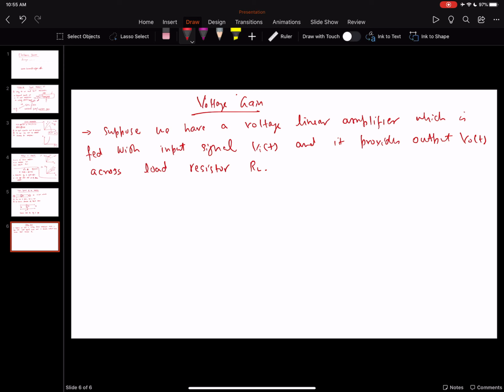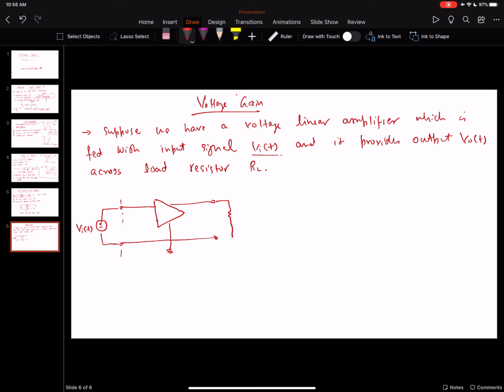Essentially what we have is a linear amplifier here, so I can draw the amplifier symbol that we talked about. This amplifier is fed with the input signal Vi of t, which I connect here.